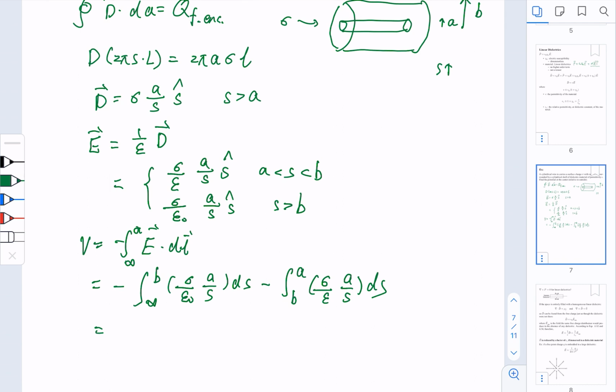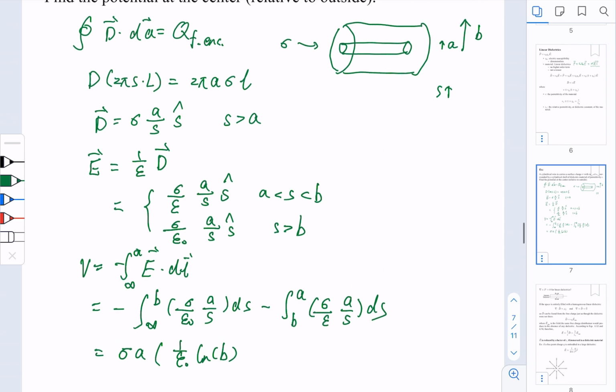Now you can see that the first term is log B, and the problem is that if you subtract the log of infinity, the log of infinity is actually infinite.